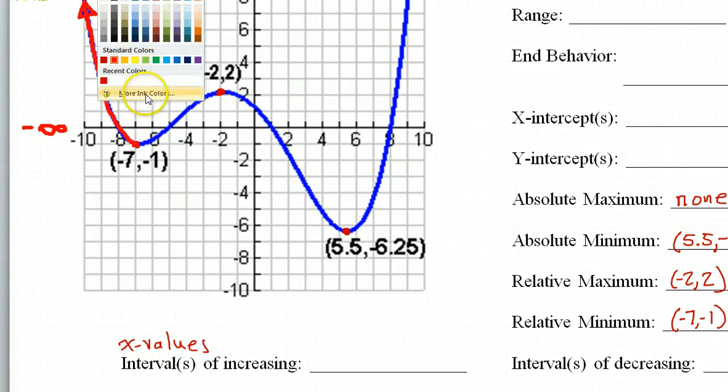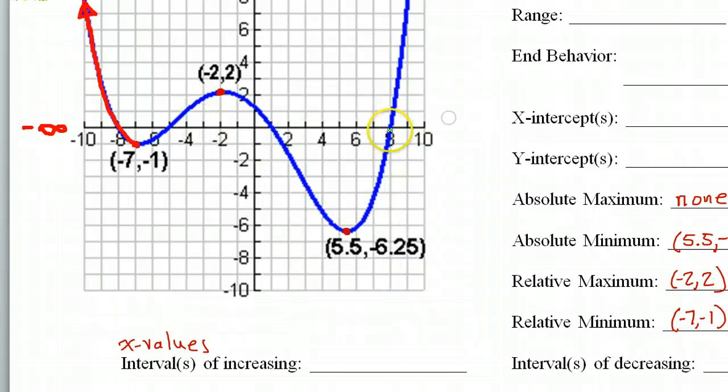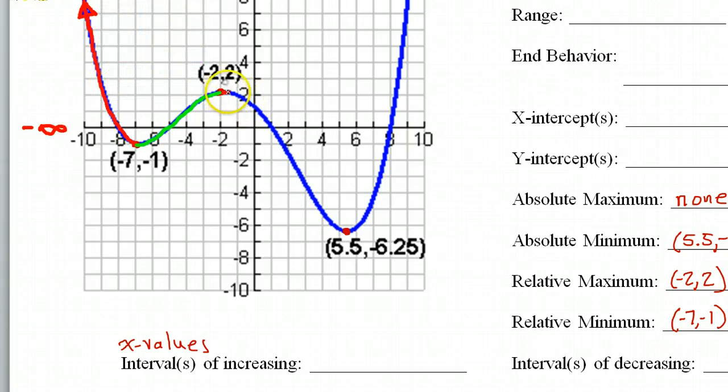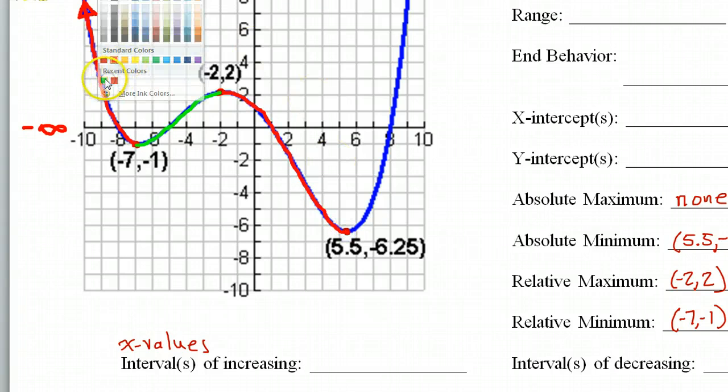And then it switches, and suddenly we find ourselves going uphill for a while. Uphill, uphill, uphill, until we get to that point. And then things change again, and once again we find ourselves going downhill for a while, till we get to the bottom of that dip.